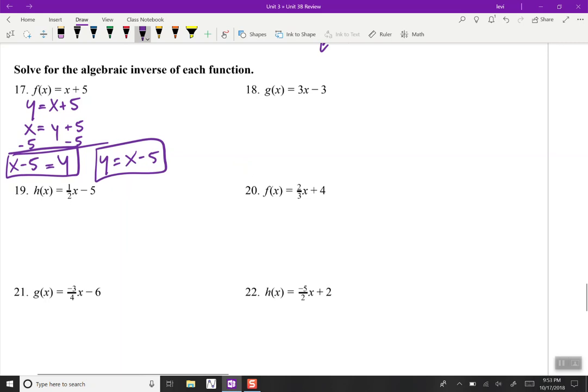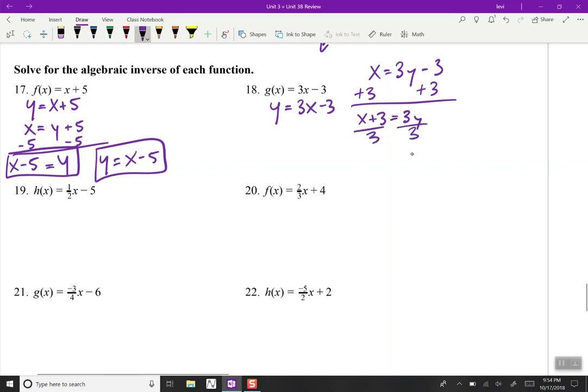So here we'd have y equals 3x minus 3, or x equals 3y minus 3, add 3, x plus 3 equals 3y, divide by 3, and we get y equals 1/3 x plus 1. We rewrite it, y equals 1/3 x plus 1.